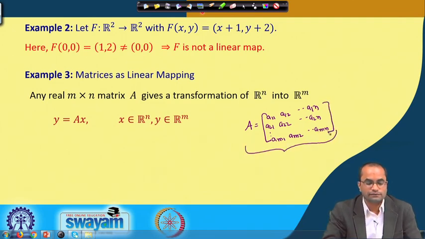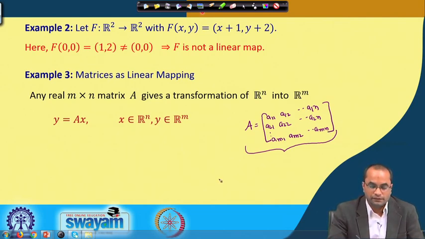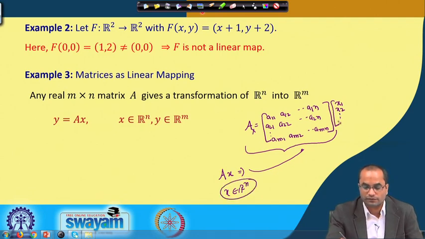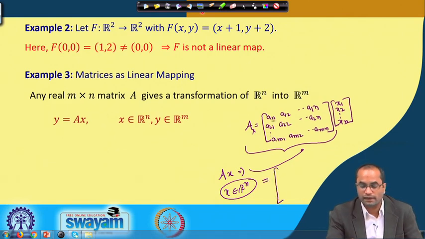So, this A is a matrix of order m cross n, and if we consider A x, this A will be multiplied by x, where x is from R n, that means it has n components: x 1, x 2, x 3, up to x n. Now, in this multiplication, this row will be multiplied with this column, then the next row with this column, and so on. So, we will get these m rows, this is the mth row, and this is the first row.